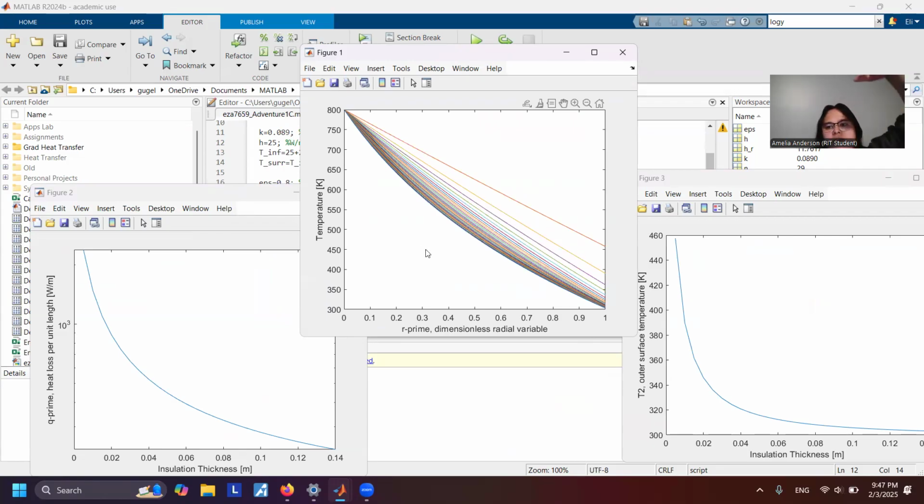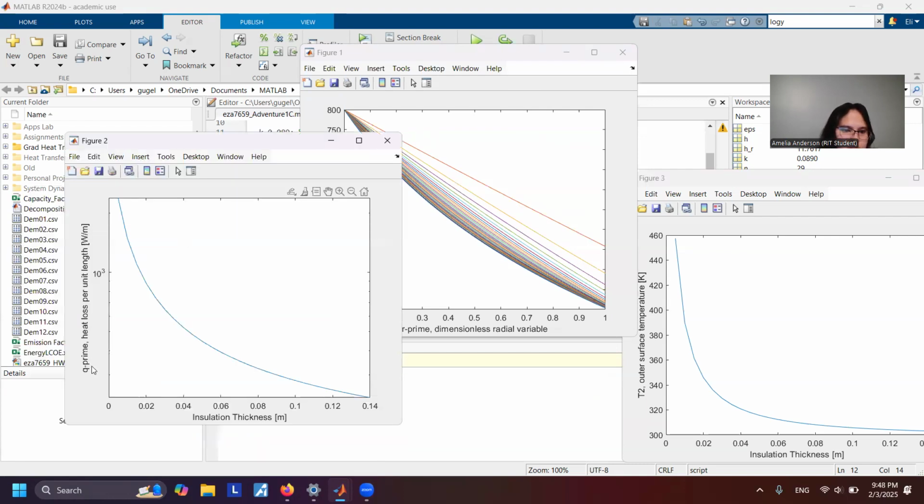It goes from linear to much less linear. You can also see that after a certain point, you stop getting great improvements. So it's a good way of asking how much insulation can we put on here versus how much insulation do we need to put on here.